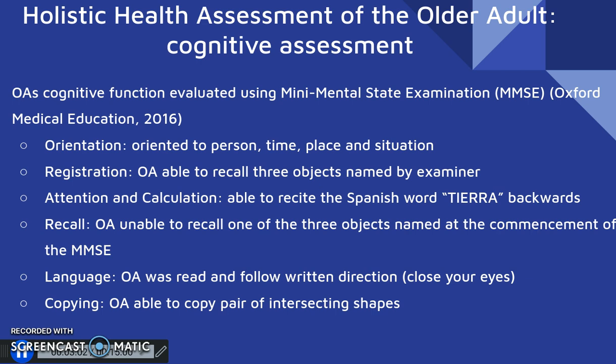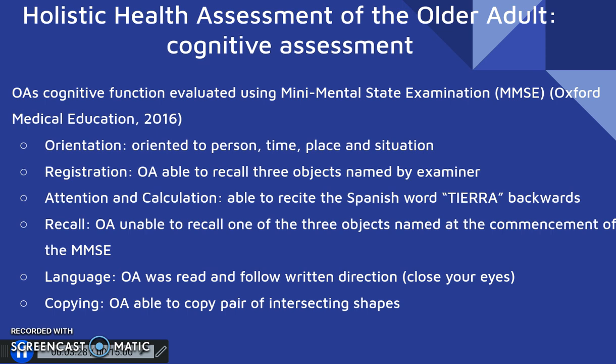First, we begin with our cognitive assessment of the OA. Our OA's cognitive function was evaluated using the Mini-Mental State Examination. Orientation: she was oriented to person, time, place, and situation. Registration: our OA was able to recall 3 objects named by the examiner.